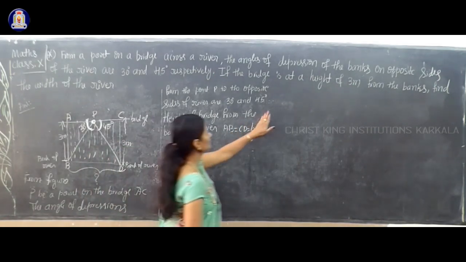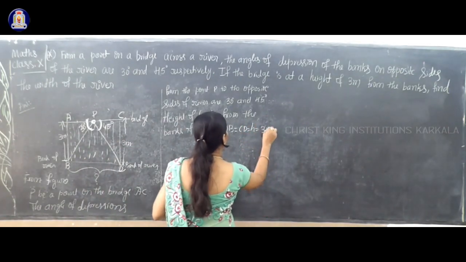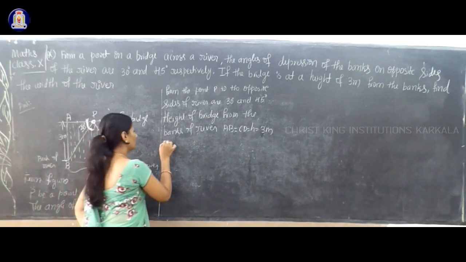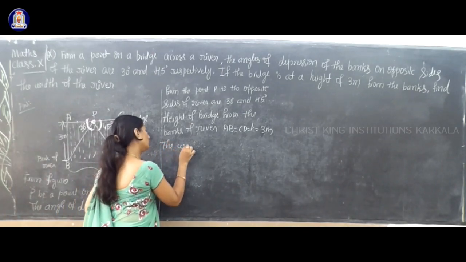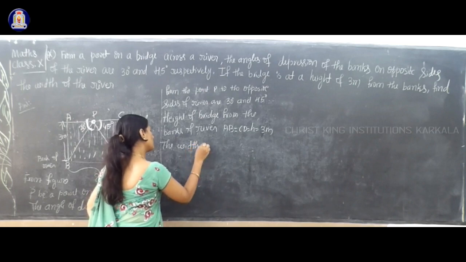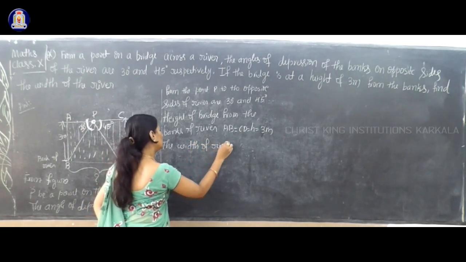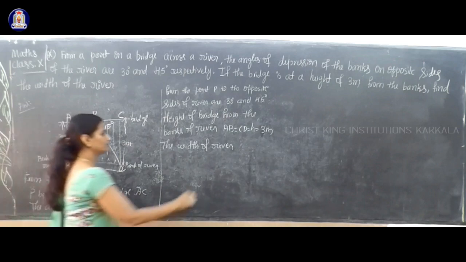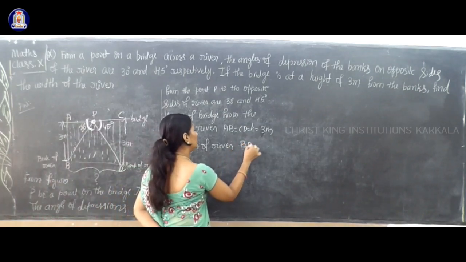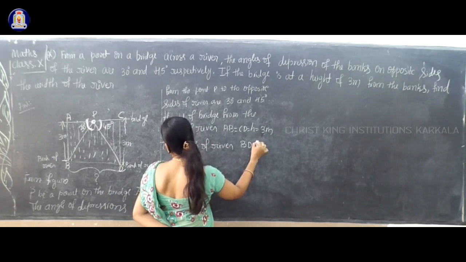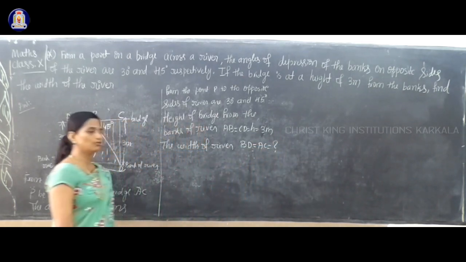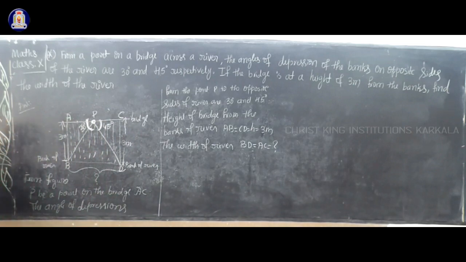The height is given, so it is equal to 3 meters. Next, find the width of the river. The width of the river BD is equal to AC.